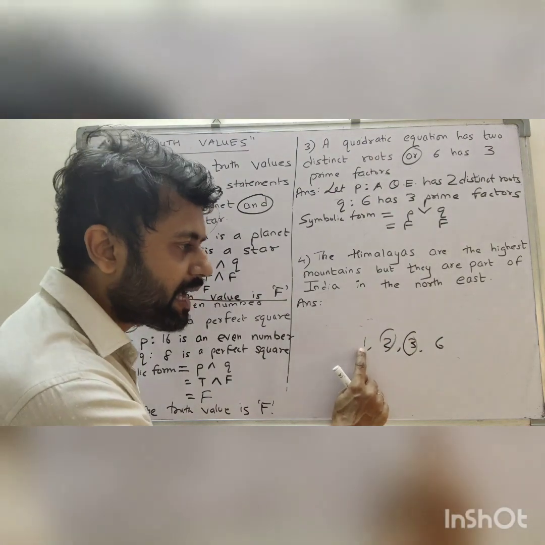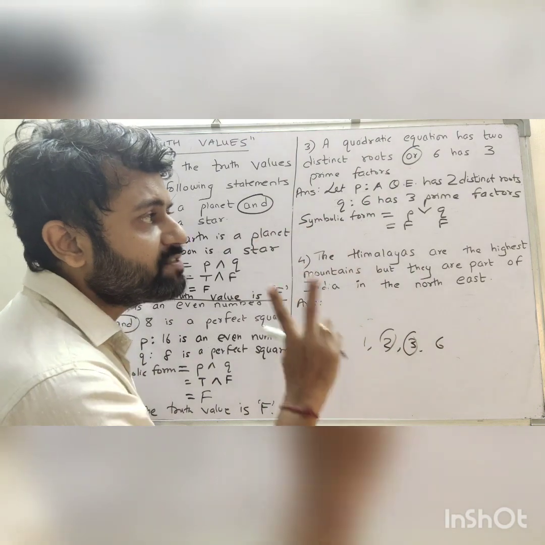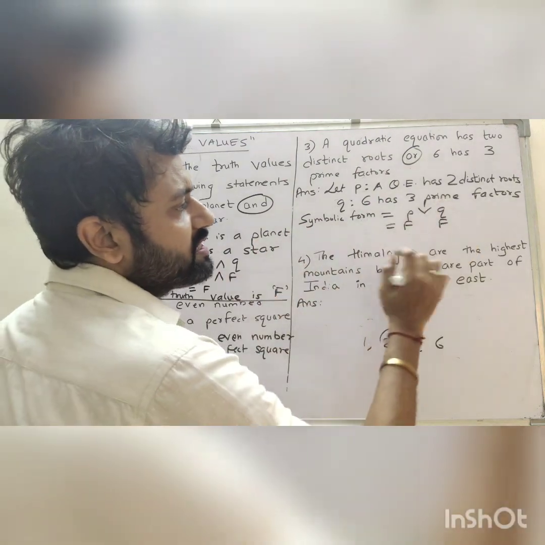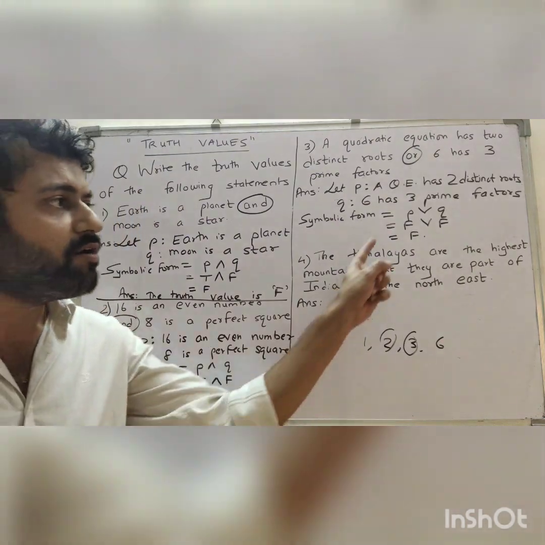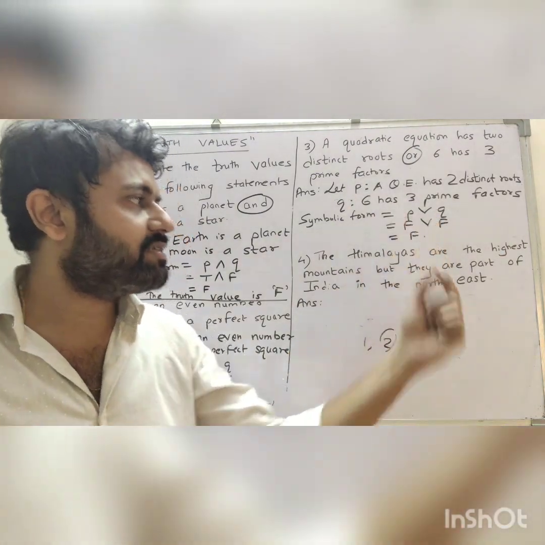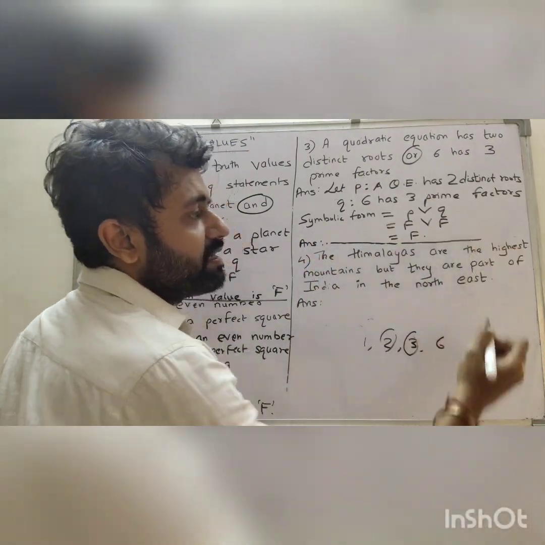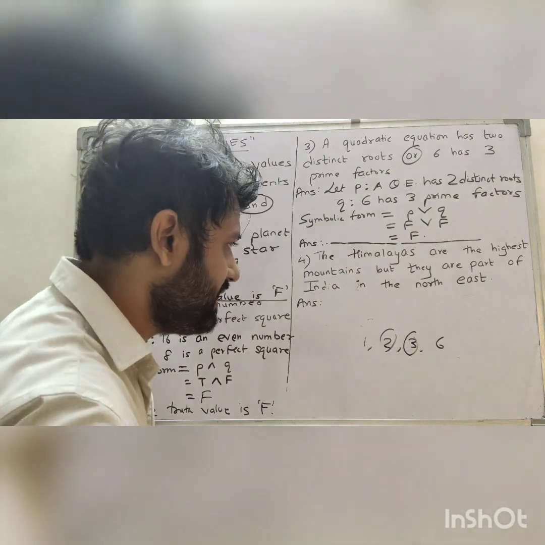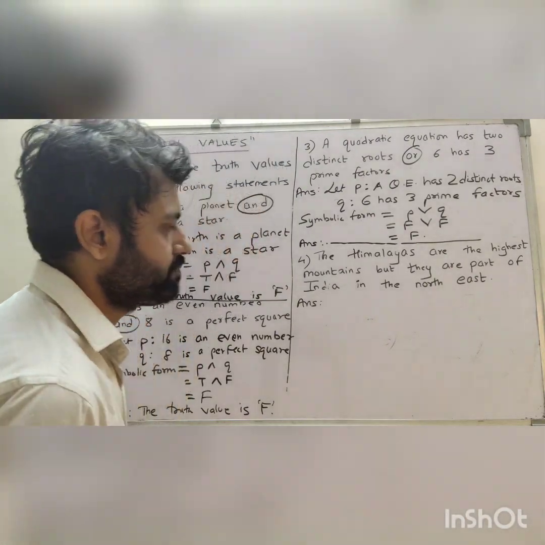Remember, 1 is not a prime number. 2 and 3 are prime numbers. So this is a false statement. False or false is always false. One has to be thorough with the truth table to answer this. Remember to write the answer: the truth value of the statement is F, that is false.